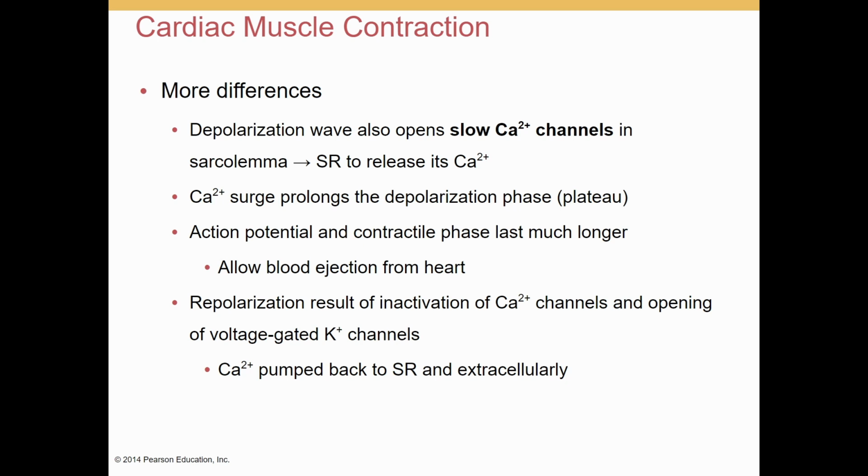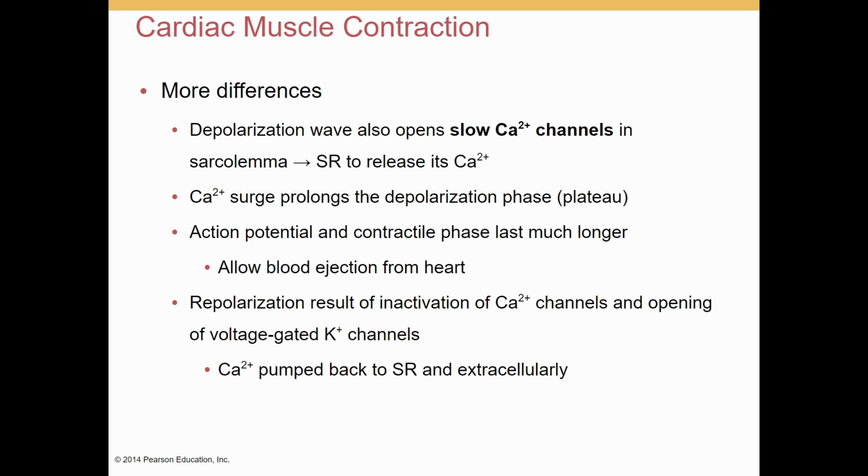But there still are differences that we must acknowledge, and they're the ones that are probably going to be highlighted. The depolarization wave opens calcium channels between the T tubules and sarcoplasmic reticulum that are slow calcium channels.